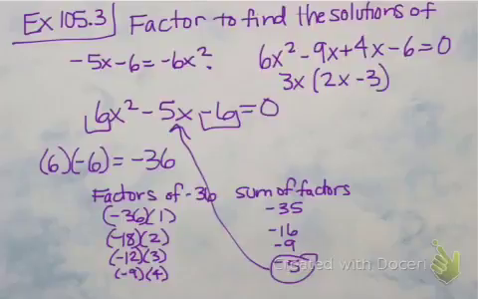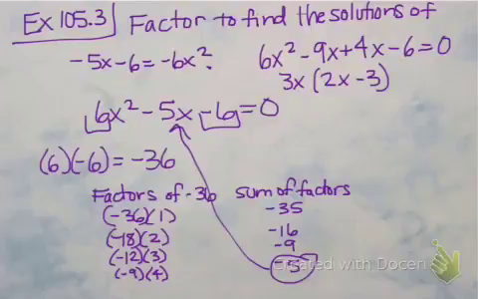3x times 2x minus 3, because when you pull out a 3x, you get 2x minus 3. Sorry, when you pull out 3x from 6x squared, you get 2x, and when you pull out 3x from negative 9x, you get negative 3. Then we look at our last two pieces.